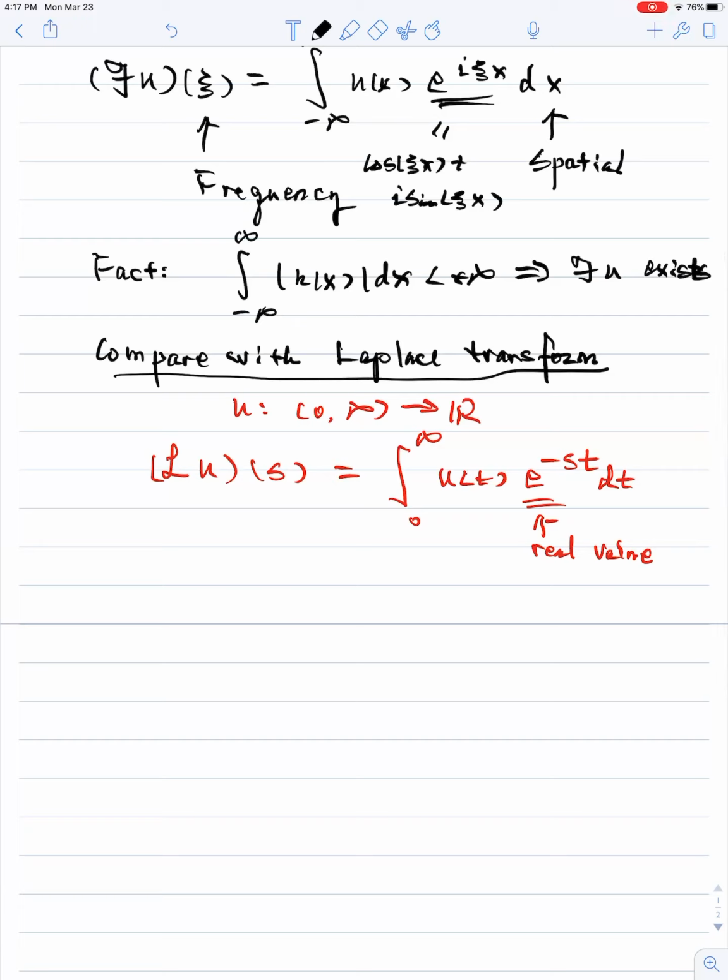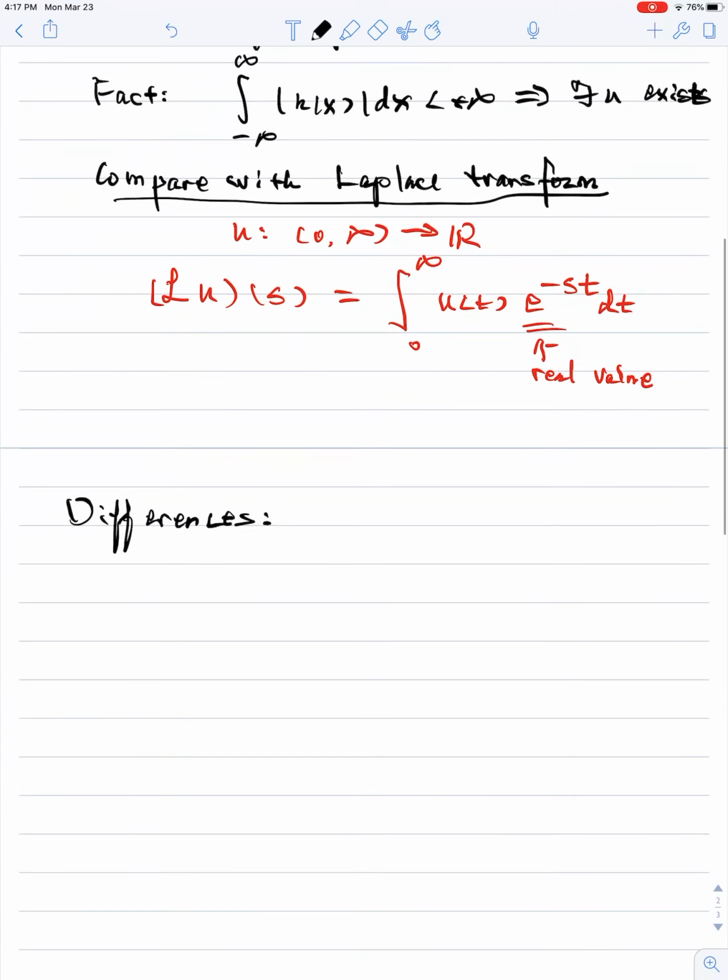So there are at least two differences between these two operators. First, this function here is a complex value function, whereas this function here is real value. So that is one of the differences.